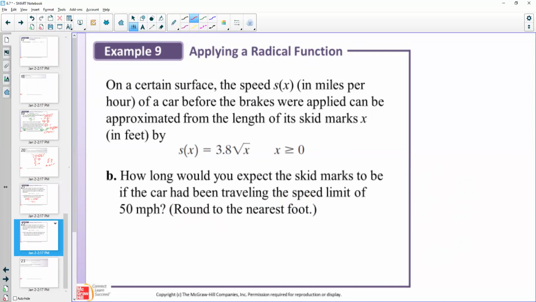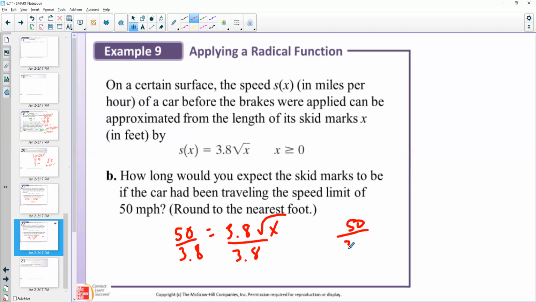Second question is, how long would you expect the skid marks to be if the speed was 50? Well, I have to use it differently in that case, right? I want to change the formula around a little bit. So basically I want to know 50, and I have 3.8 square root of x. I'm going to divide first, get rid of 3.8. So 50 divided by 3.8 is something, right?